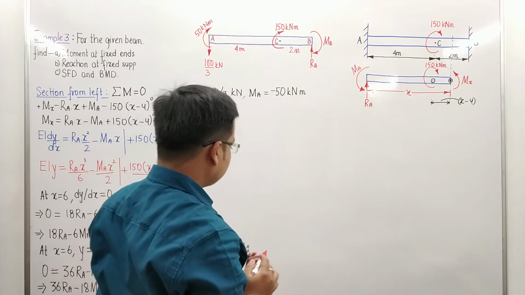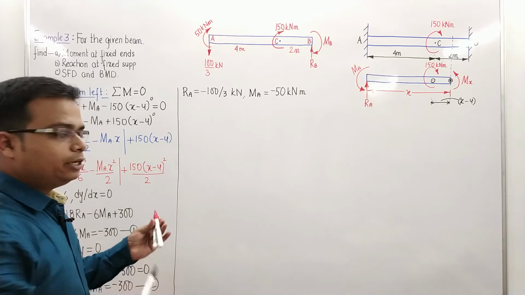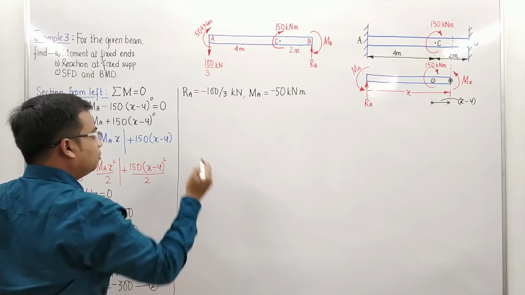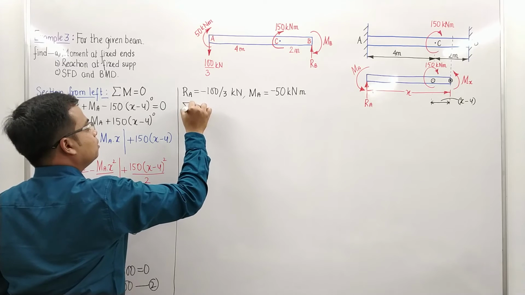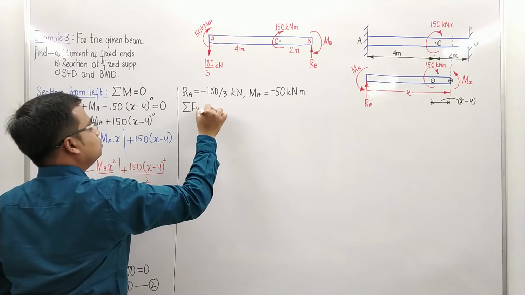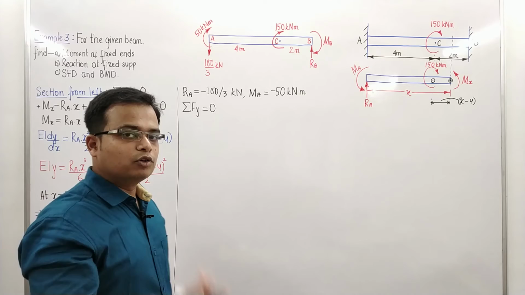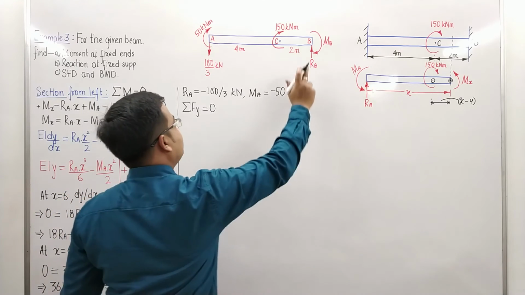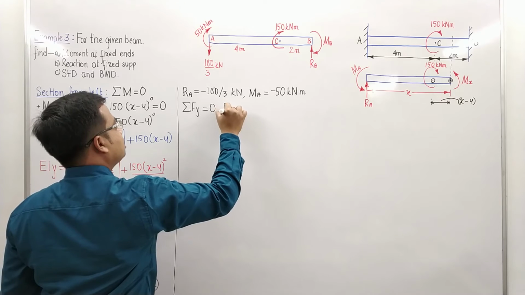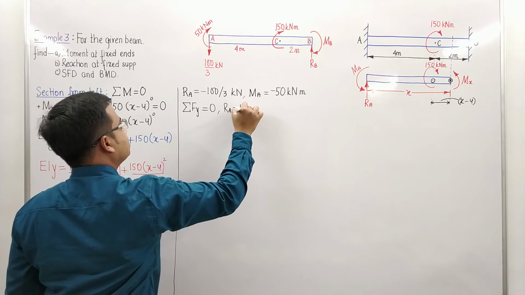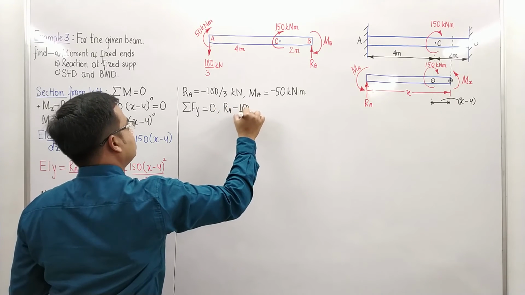That's fine. Now you just need to apply the equations of statics. Number one, summation of all the forces in the direction of Y is equal to 0. There are only two forces you need to work with. One is this RB and the other one is this 100 by 3. RB is upwards, take it as positive, 100 by 3 is downwards, take it as negative: RB minus 100 by 3 is equal to 0.